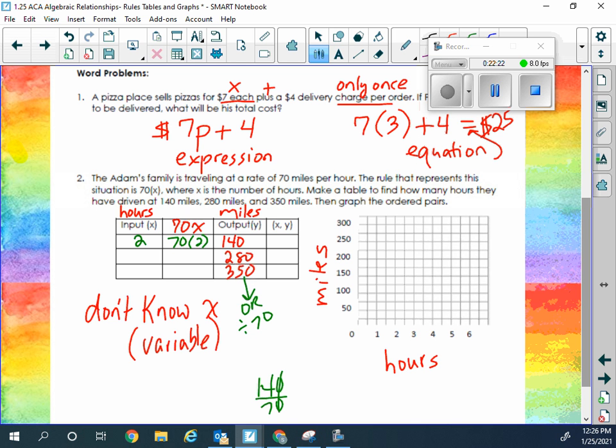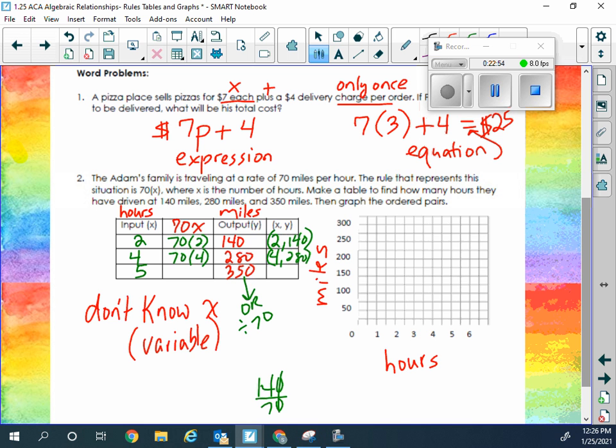And then put your point. 2, 140. There's your first coordinate. Okay? How about the next one? 280. What times 70 was 280? 3? 4, right? Because 280 divided by 70 is 4. So your point would be 4, 280. And then 350 divided by 70 is 5.